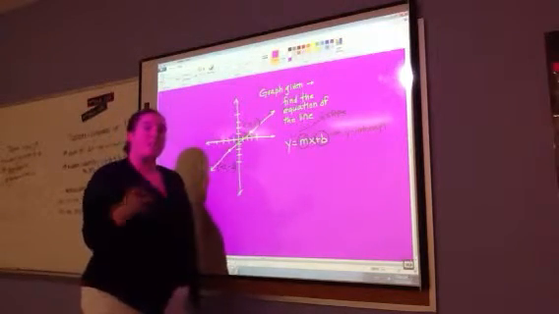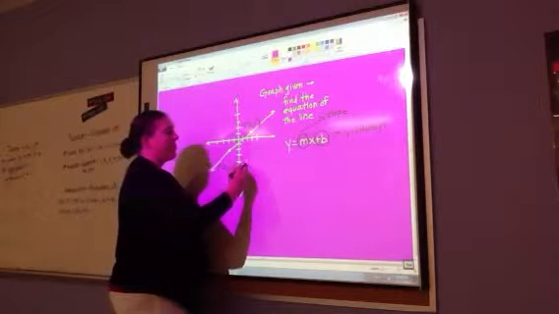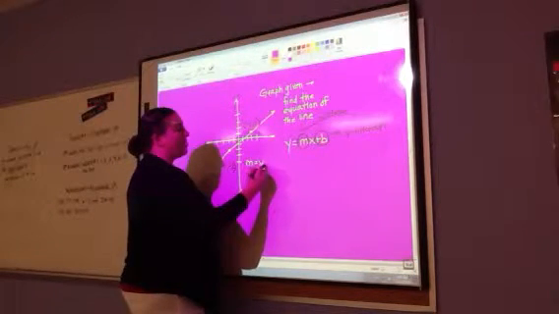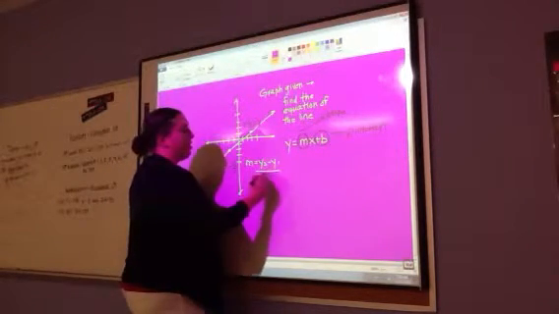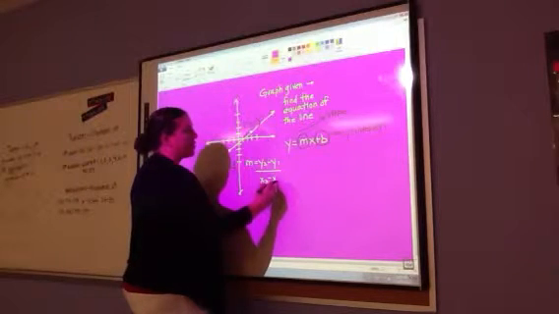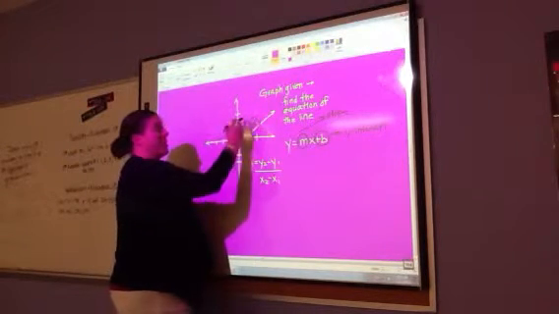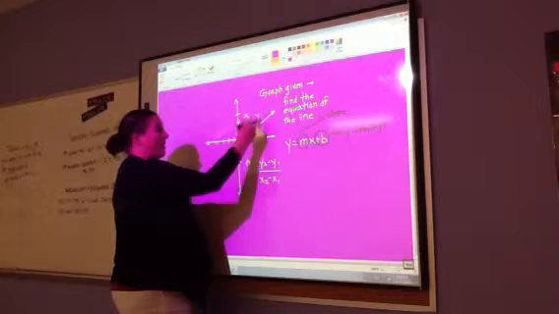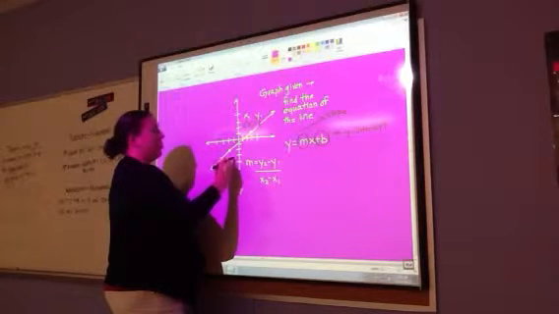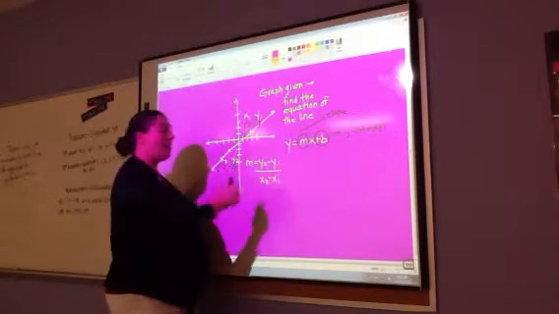With these 2 points, I can now find my slope. If you remember, slope is y2 minus y1 over x2 minus x1. So label your points. x1, y1, x2, y2. Now plug them back in.